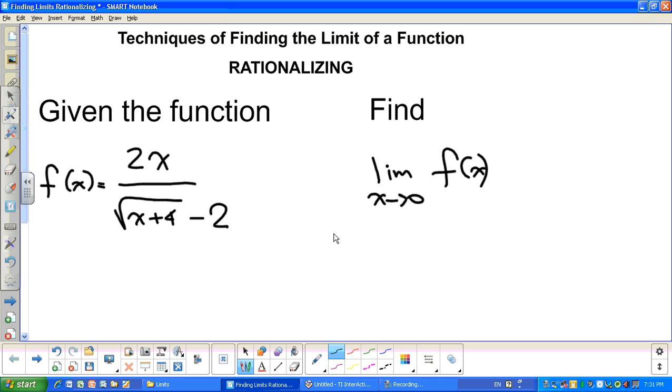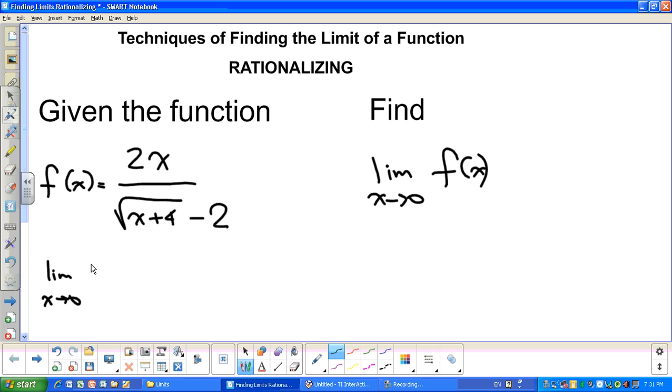Now, lots of people will start with the typical approach: limit as x approaches 0 of f of x. They just replace without thinking too much. I'm going to replace x with 0, so I don't need the limit symbol. What do I get?